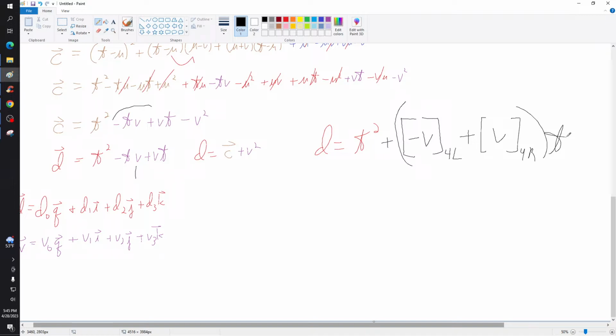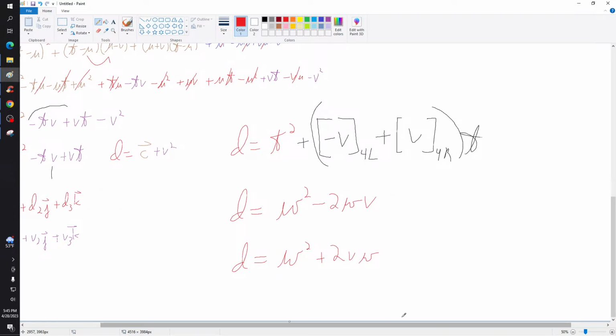There is, however, a right-handed and left-handed form where we can write D equals W squared minus 2WV, or D equals W squared plus 2VW from the right.